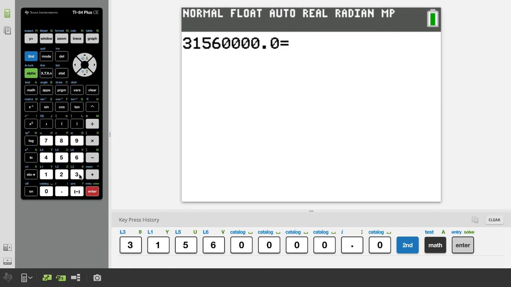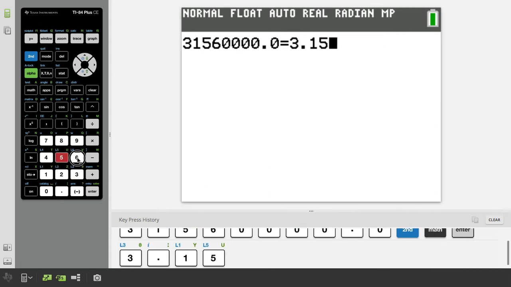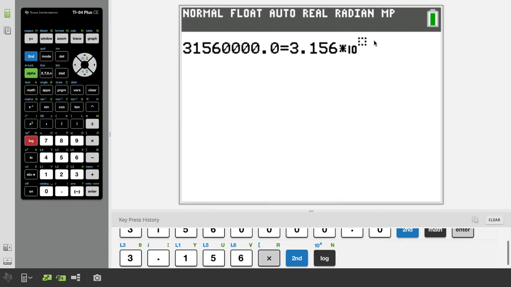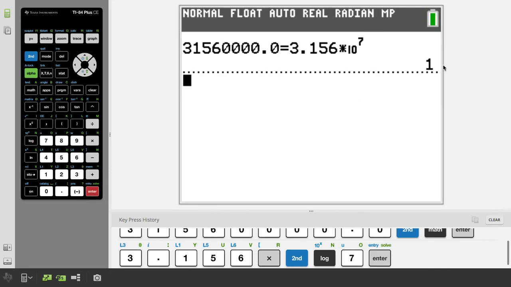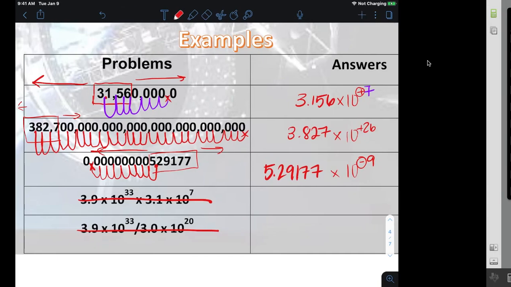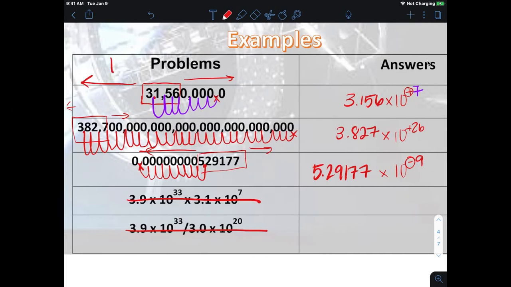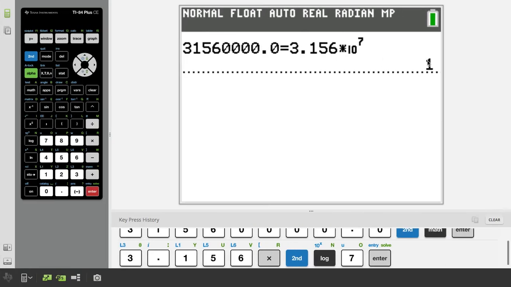Now I'm going to type in the answer I got, 3.156 times second log to get 10 to the power of positive 7. I'm going to hit enter. It gave me a 1. So that means I got this one right. I go back over here and put a check there to remind myself I got that one right. Now I'm going to try that last one.